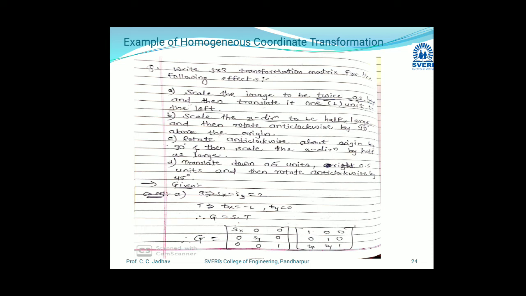Okay, so the formula for this first bit is capital G equal to S into T: first scaling, then translation. So we have to write the scaling matrix as well as the translation matrix. The scaling matrix in homogeneous transformation, 3 by 3, is Sx 0 0, 0 Sy 0, 0 0 1, and the translation matrix is 1 0 0, 0 1 0, Tx Ty 1. Accordingly we put Sx 2, Sy 2, Tx -1, Ty 0.